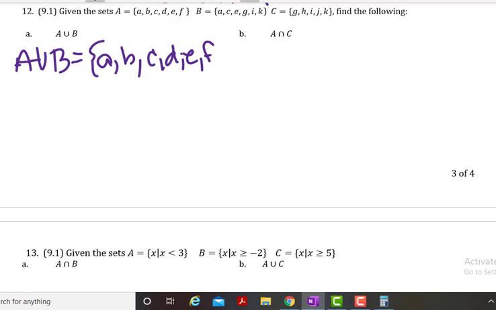So I've already written the A, C, and the E, but I haven't written the G, the I, or the K. That would be A union B.